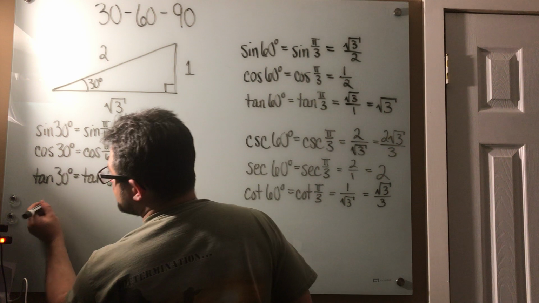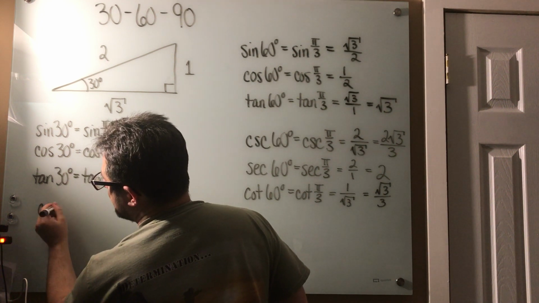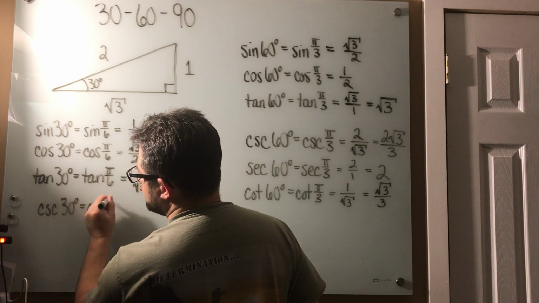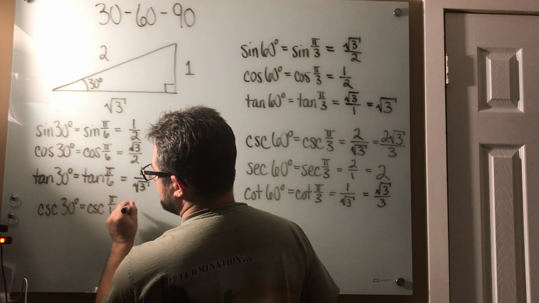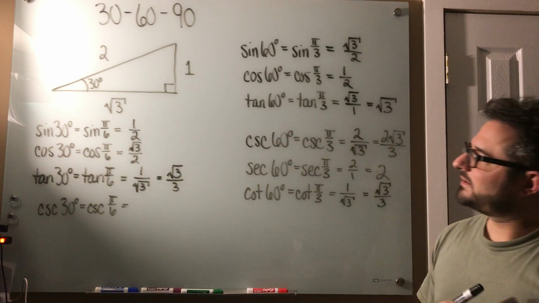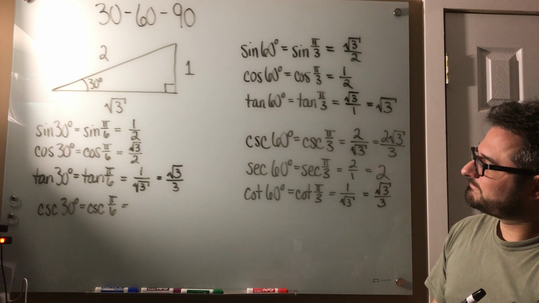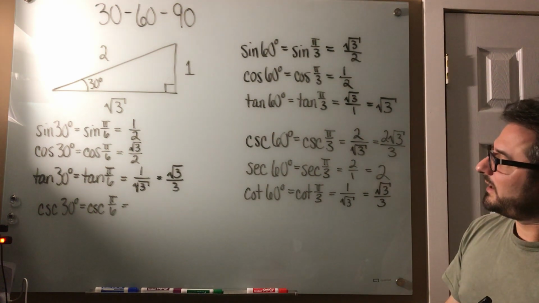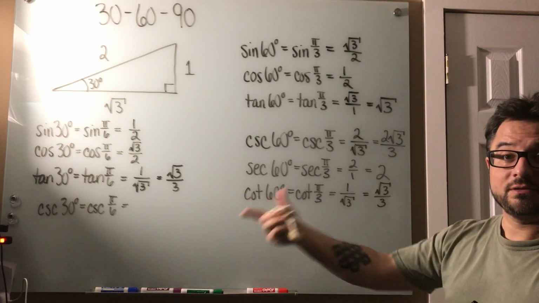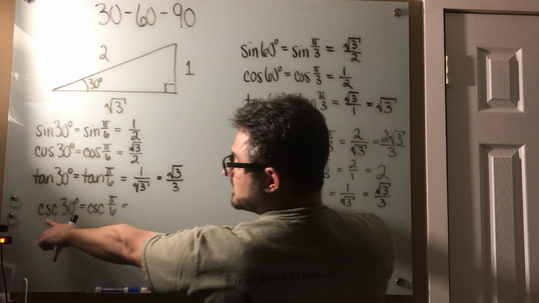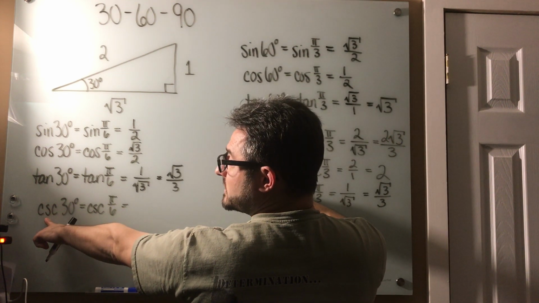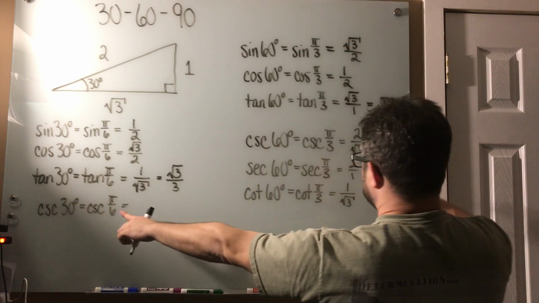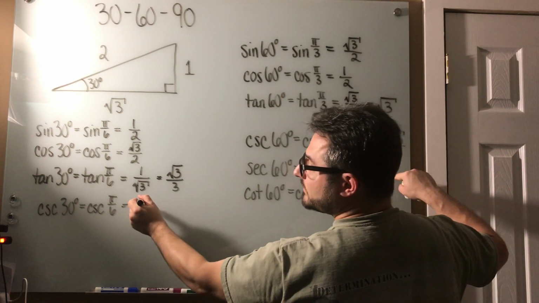The reciprocal functions follow easily. The cosecant of 30 degrees, or the cosecant of pi over 6 radians. Well, instead of looking at the triangle, instead of looking at the sine up here, I'm going to go right to the cofunction relationship. Secant is the cofunction to cosecant, and the cofunction of the complementary angle is equal.